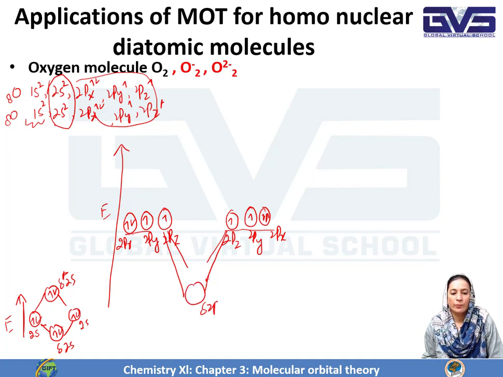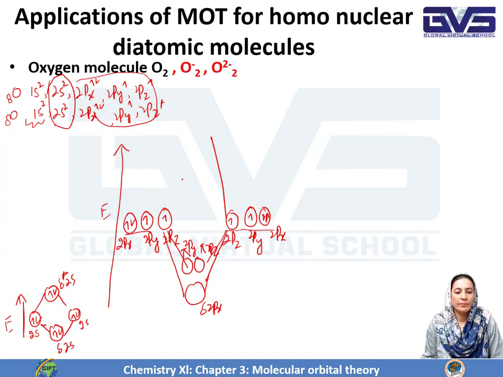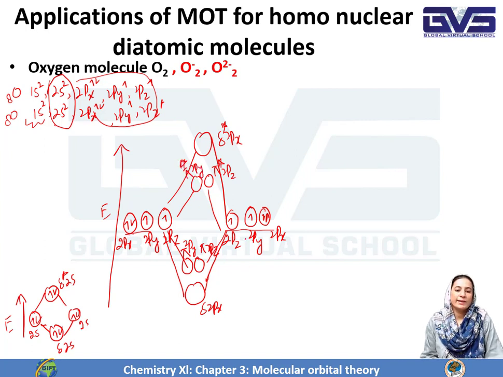This is sigma 2px and this is pi 2py and pi 2pz. And half will be at high energy: sigma star 2px and pi star 2pz and pi star 2py. Now fill the electrons. You have a total of 1, 2, 3, 4, 5, 6, 7, 8, and 8 more.